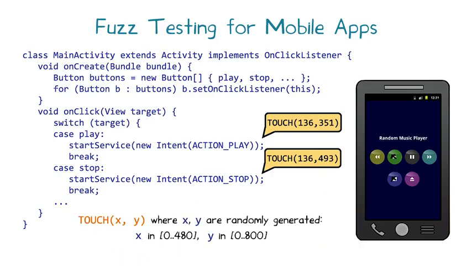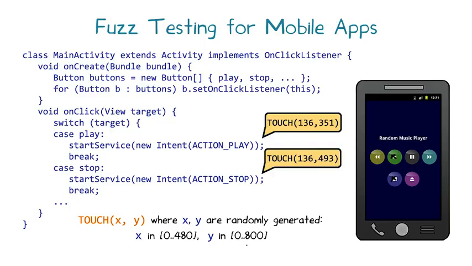The Monkey tool generates touch events at random pixels on the mobile device's display, choosing the x and y coordinates within ranges appropriate to the mobile device being tested. For instance, on a device with a 480 by 800 pixel display, the x coordinate is chosen in the range 0 through 480 and the y coordinate is chosen in the range 0 through 800.